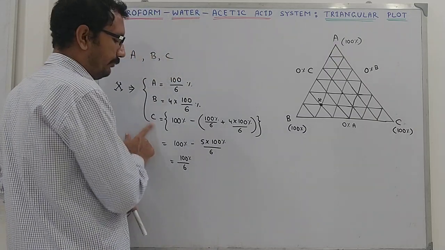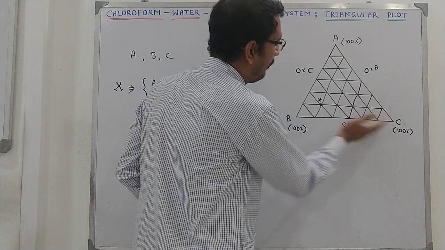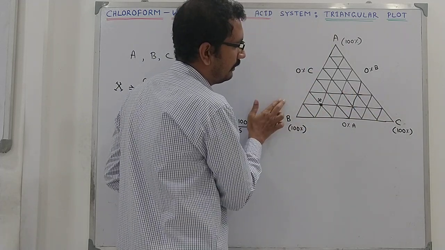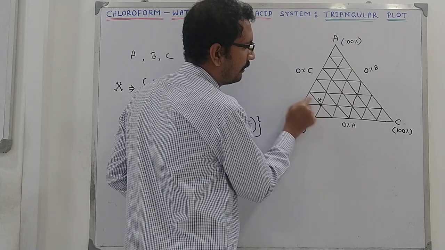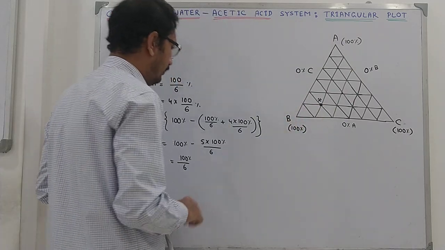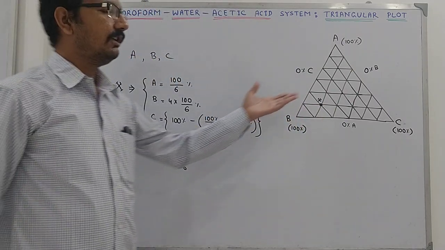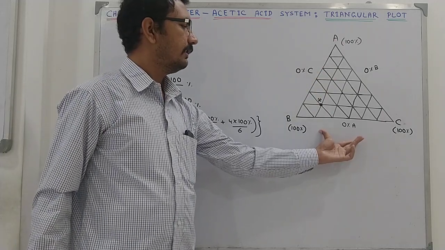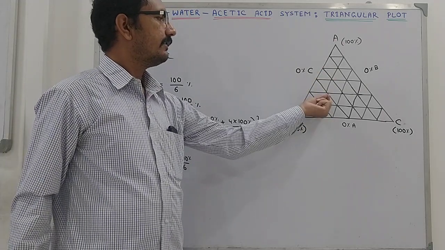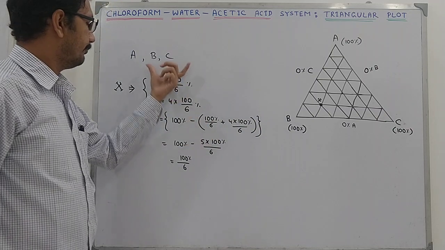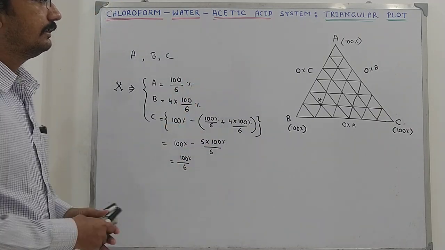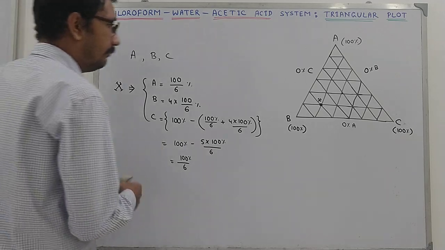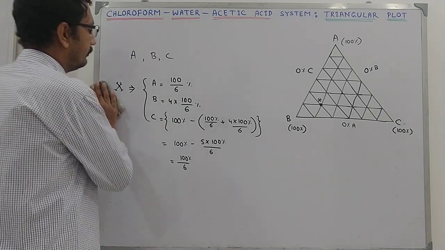Now to find the composition of C, you have to approach from this baseline. Now see, this is one step above this baseline, so it must be 100 by 6. So just having a look at this triangular plot, at any intersection point you can determine the composition of the system. Now let us check by taking any other point within the triangular plot.